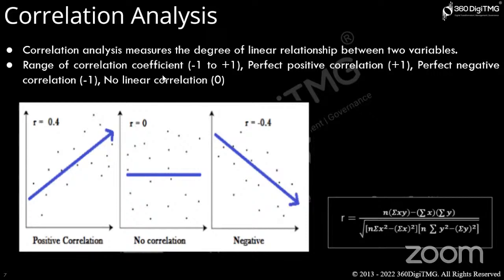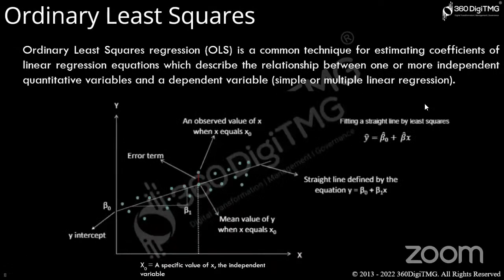And whenever the R value is equal to 0, there is no linear relation. You won't have any relation between those columns, the input feature or output feature, whichever you are taking on the axis.